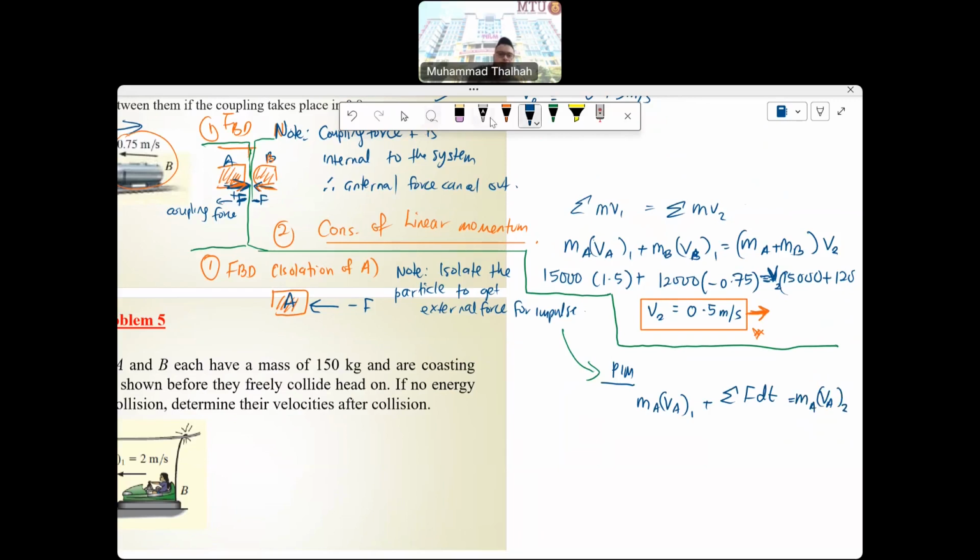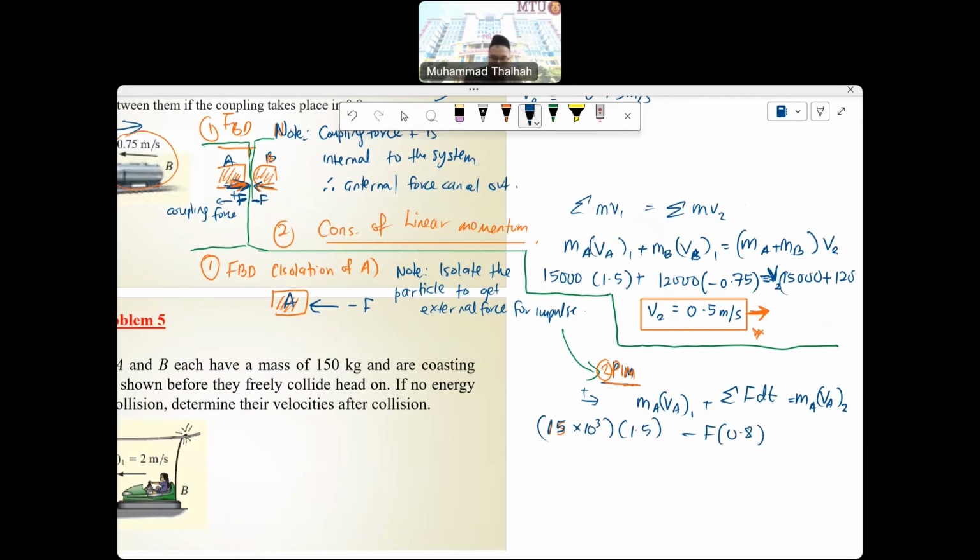Just apply it. Now we plug in the values. So 15 times 1.5, and because it's minus F in this direction, minus F. What was the time? Time is 0.8.